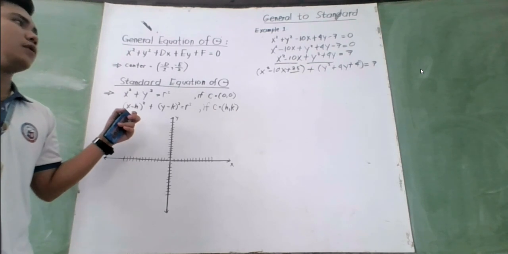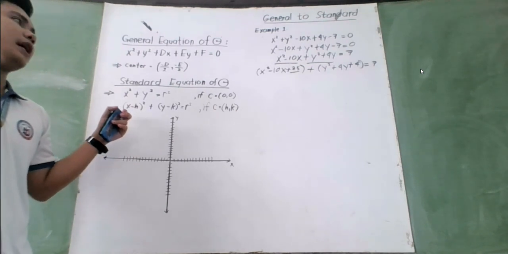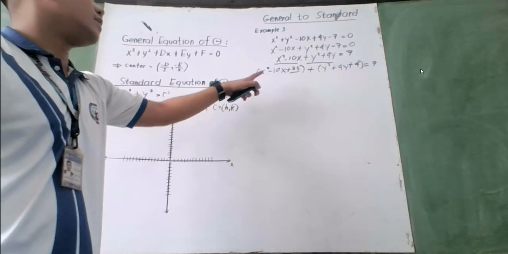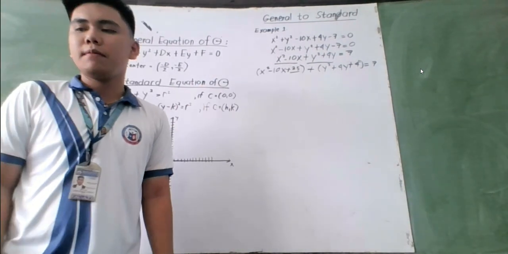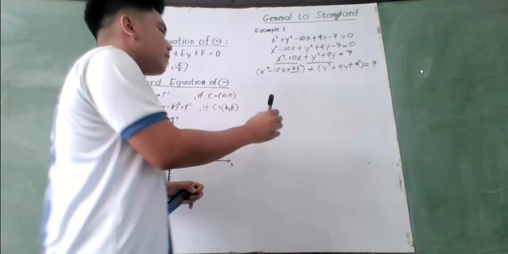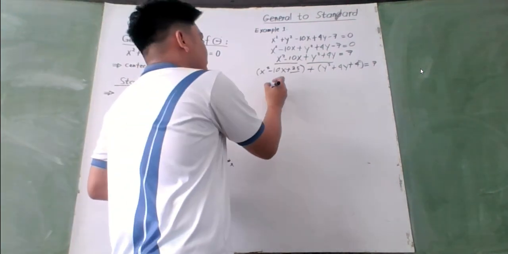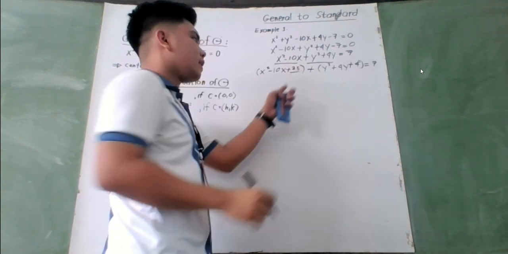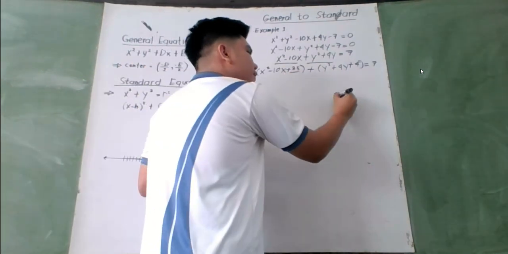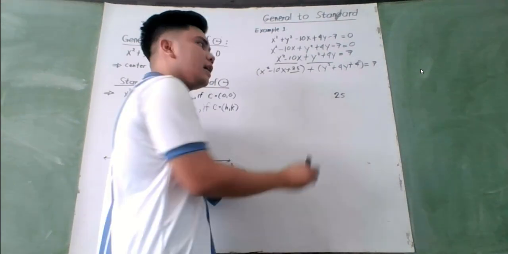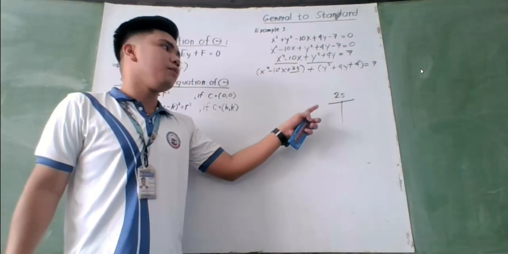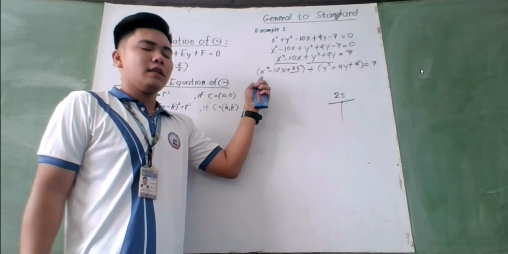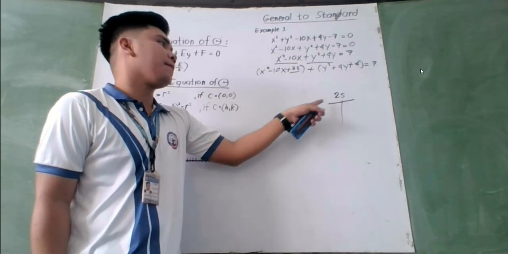So first, you have the perfect square x squared minus 10x plus 25, and it will become like this. Find the constant first, which is 25. Find the factors of 25 whose product is 25 and whose sum will be negative 10. A little bit confusing. Let us do it step by step.